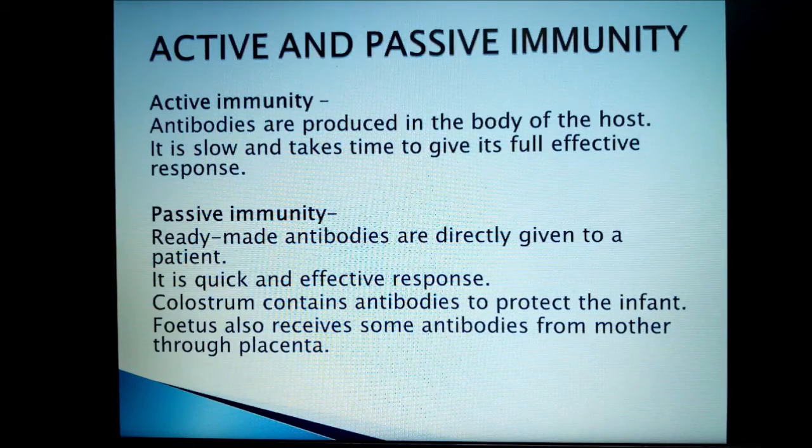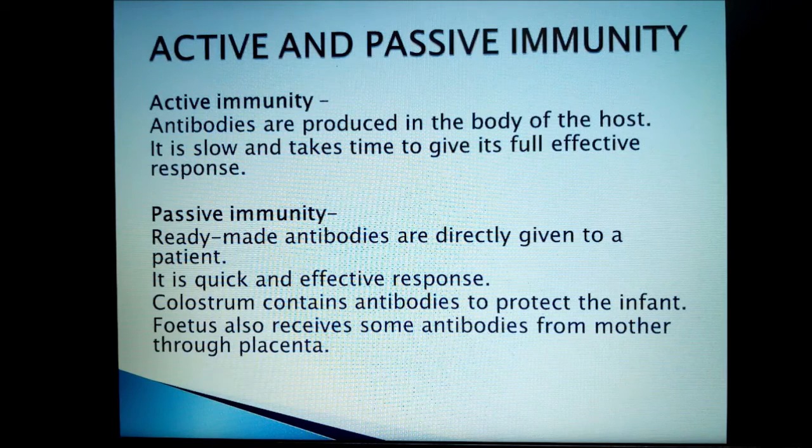Active and passive immunity. Active immunity is the one when the host body is exposed to a particular pathogen, maybe in the weakened form or dead form, or any protein of that pathogen is injected into the body of the host.